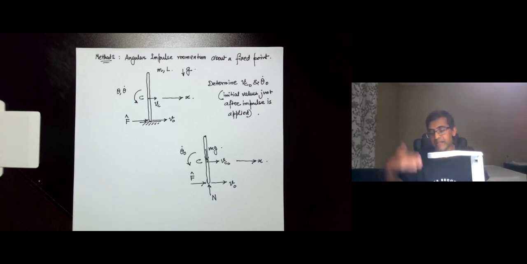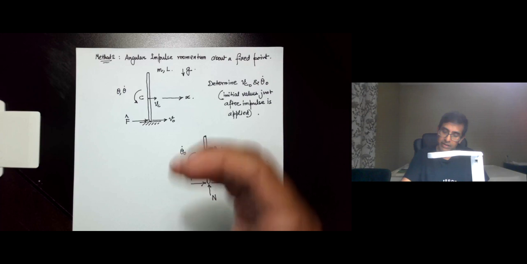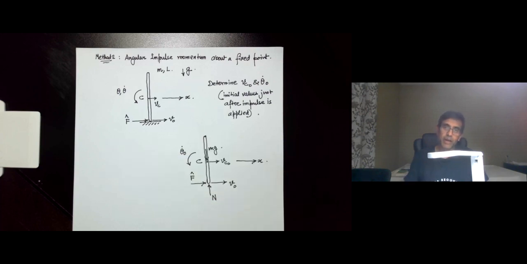And that means that there is no velocity change that will happen in the y direction. Of course, as the angle theta changes and it's falling down, then you will have a scenario where there is a velocity generated in the y direction, and that velocity will change because it's falling now. But initially, there'll be no change in velocity at the instant when the impulse applies.